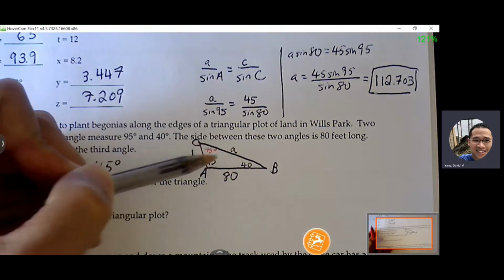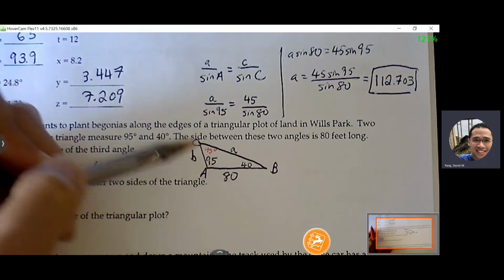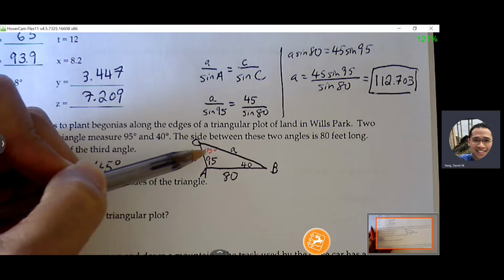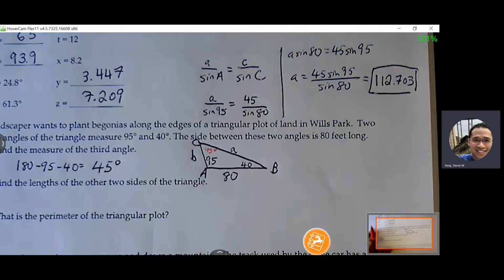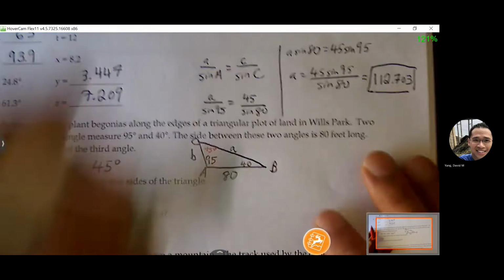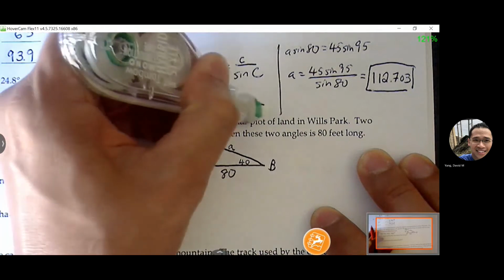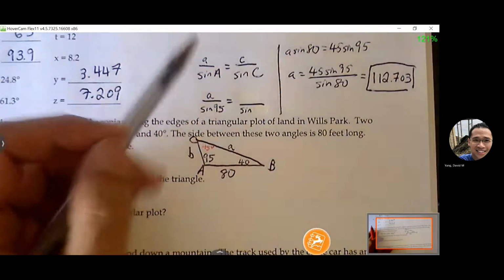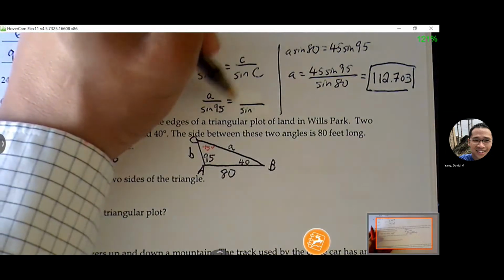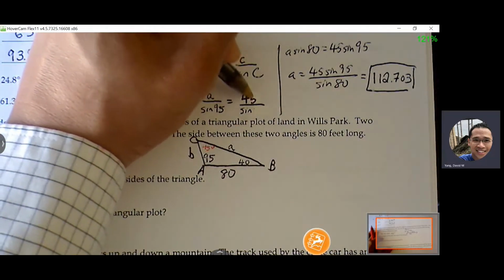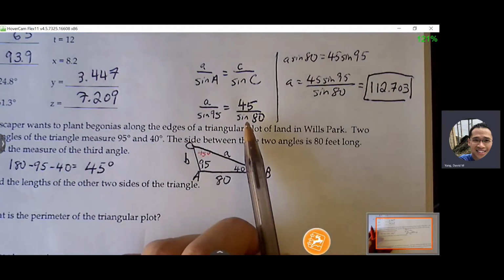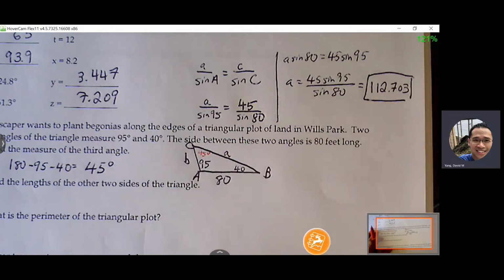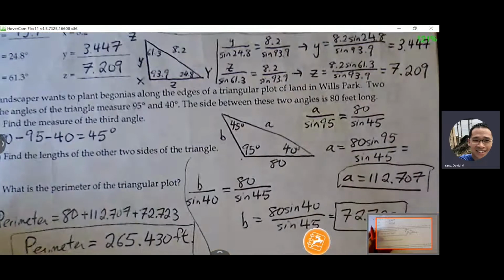The last is 40. No, 45 is the side. Oh, my bad, I got my angles and sides mixed up.